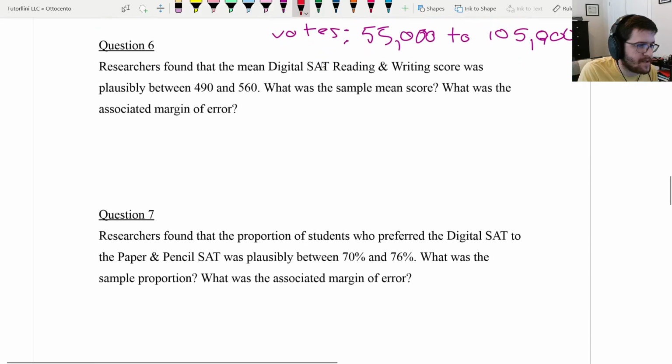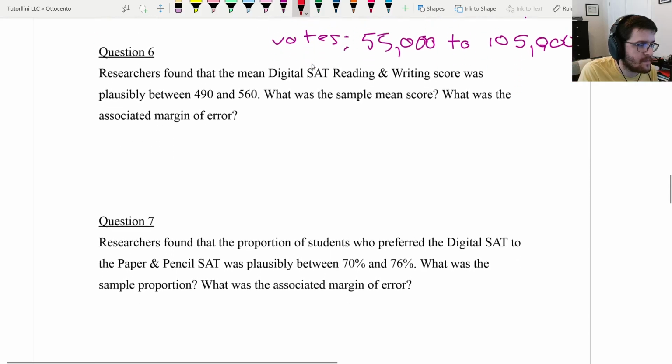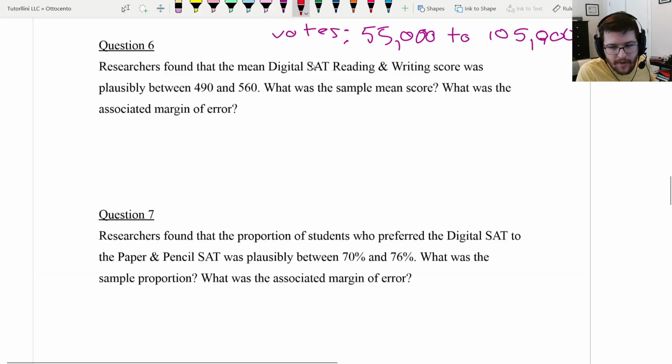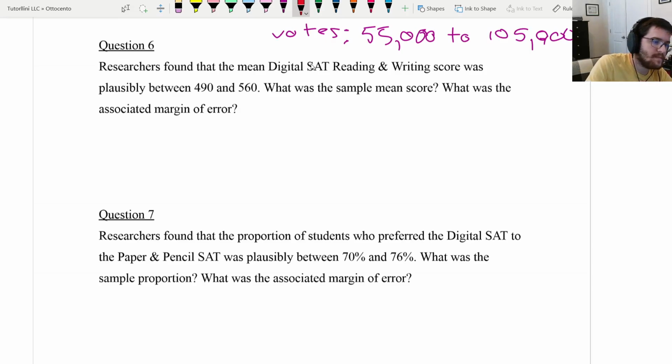Okay, 6. Okay, so this is what we were doing before. We're going to try to find the sample mean. To do that, we just add up the bounds and divide by 2, upper plus lower.